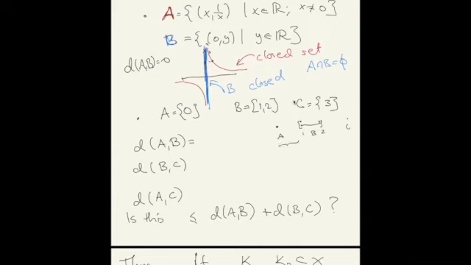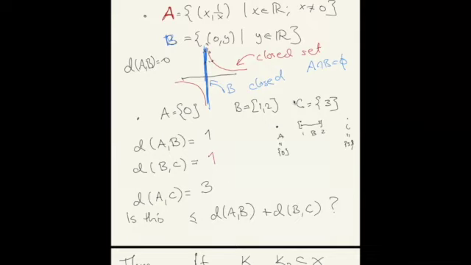It's the smallest distance between the single point of A and any point of B. So it's just 1. Distance between B and C is also 1. But what is the distance between A and C? A is the singleton 0, and C is the singleton 3. It's 3.